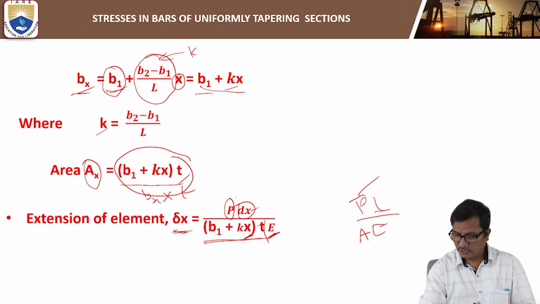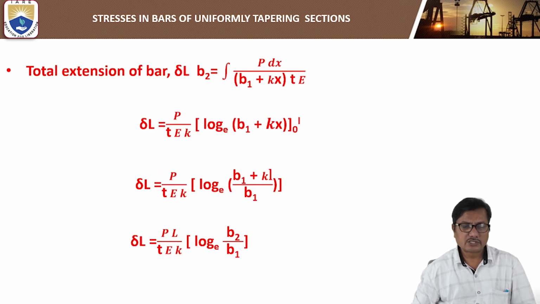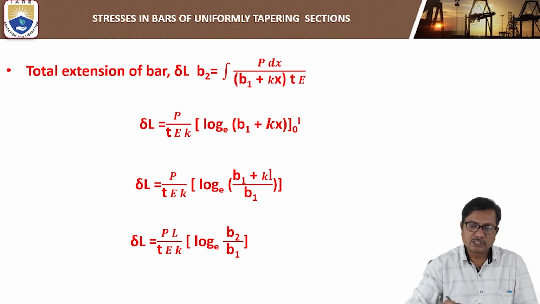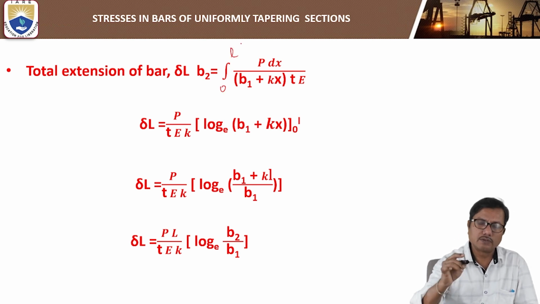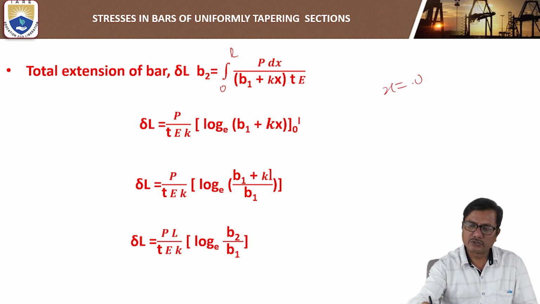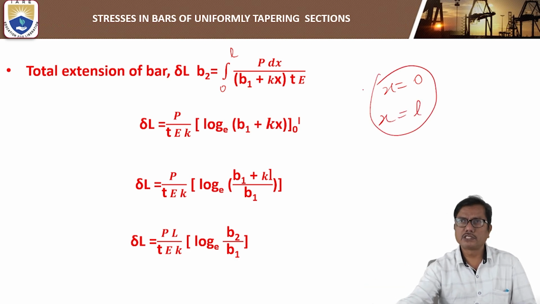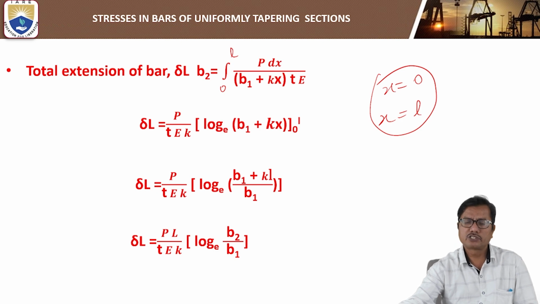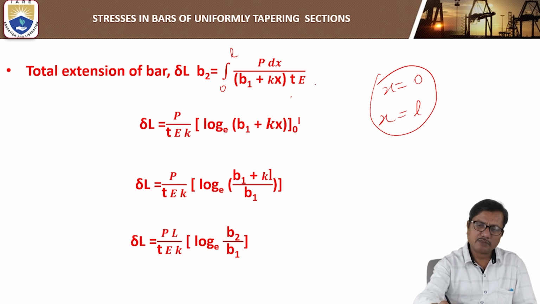So the total elongation is obtained by integrating this between the limits 0 to L, that means from one end to the other end, from x equal to 0 to x equal to L. By integrating between these limits, you will get the total elongation of the bar.